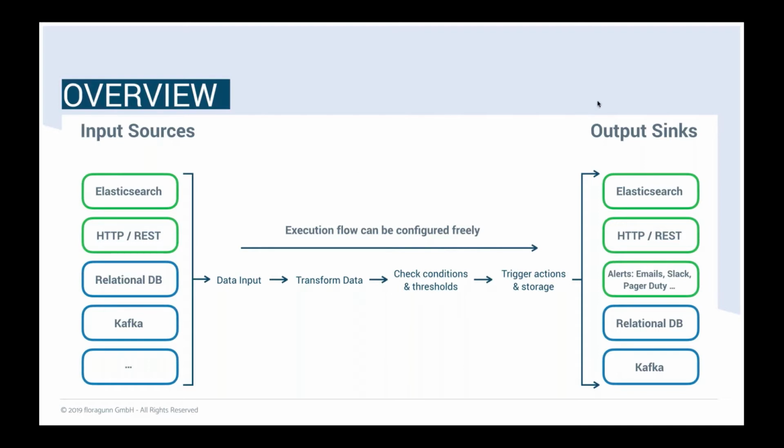The data sinks that we support at the moment, again, are Elasticsearch, obviously, but then also HTTP endpoints via webhooks. And for the alerting part, the initial release will support emails, Slack, webhooks, and PagerDuty.